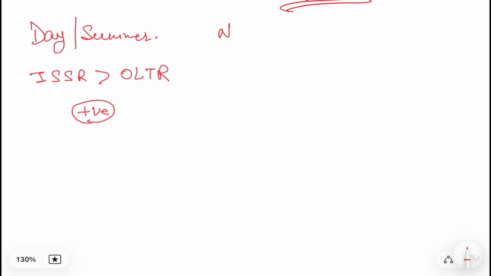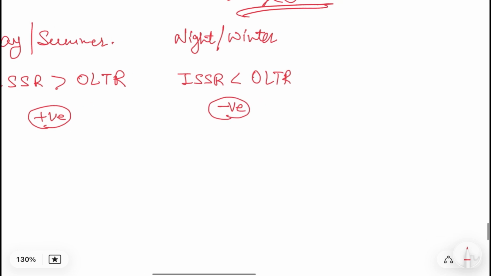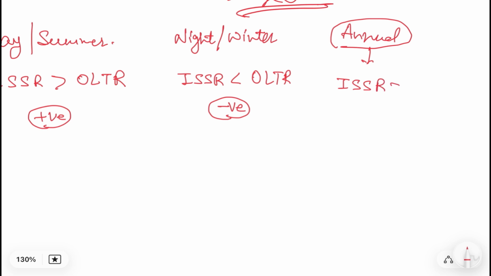And in night and in winter, incoming short solar radiation is less than the outgoing long terrestrial radiation, that is negative. And in case of the annual, incoming short solar radiation is equal to outgoing long wave terrestrial radiation. So this is the heat budget.